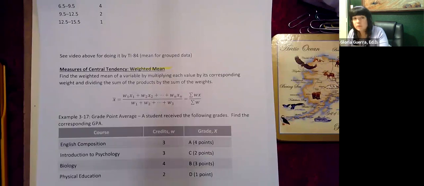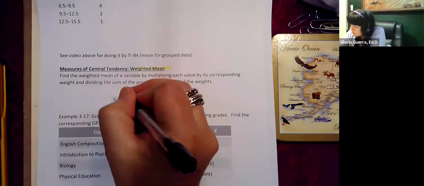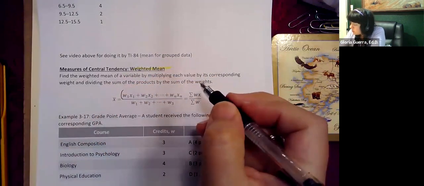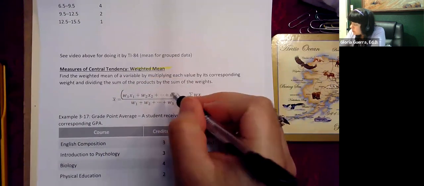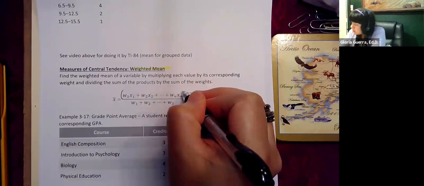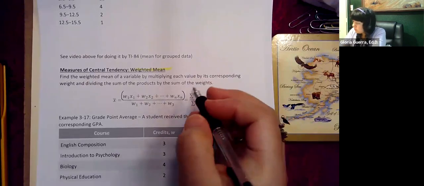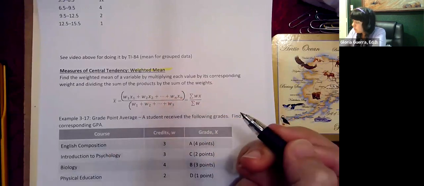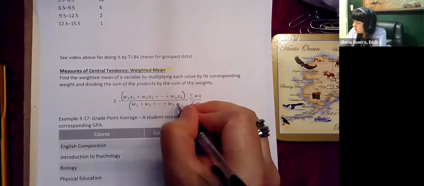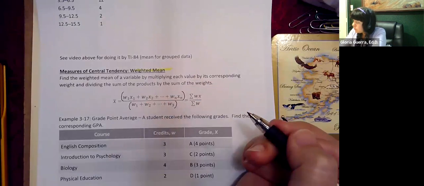So there's that x bar again, which we've seen before for the mean. And then notice how they have the subscripts: w sub 1 times x sub 1 plus w sub 2 times x sub 2 plus on into the last one, w sub n times x sub n, divided by this amount, w sub 1 plus w sub 2 plus all the way to w sub n.